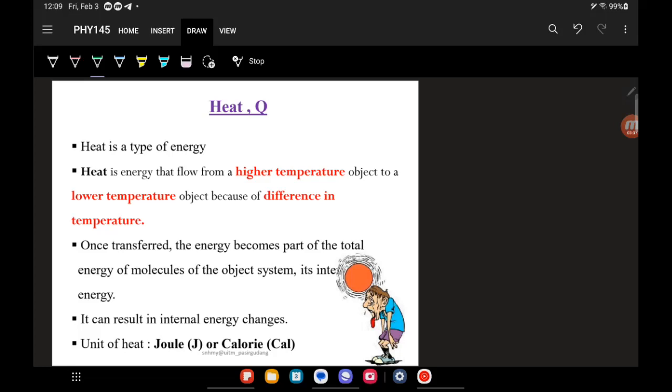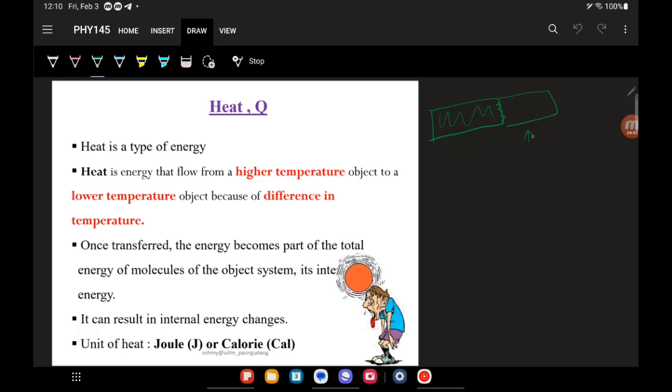If I were to have a vessel full of gas here, and beside it we don't have any gas, and I remove this, of course the gas will flow to the empty vessel. It cannot be the other way around, and then the flow will immediately stop when the vessels have been equally occupied.